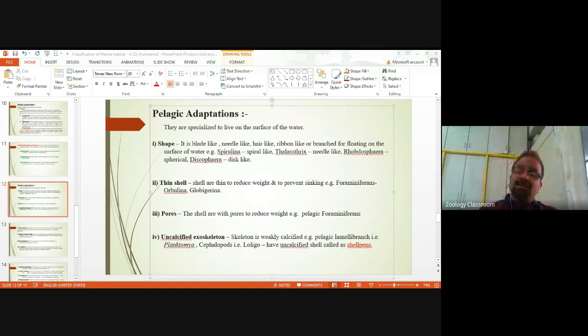So there are cephalopods with shell, and there are also cephalopods without shell. Can you tell me an example of the cephalopods which have a shell? If a shell is present, the shell may be internal or external.